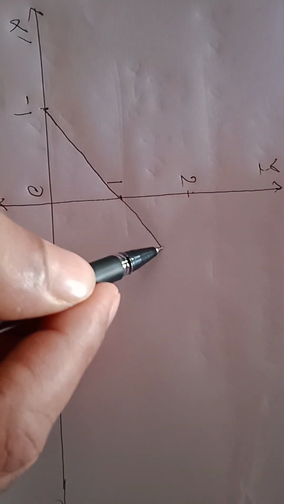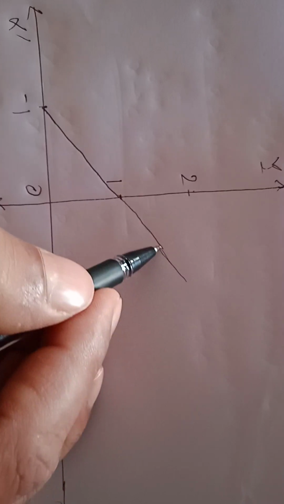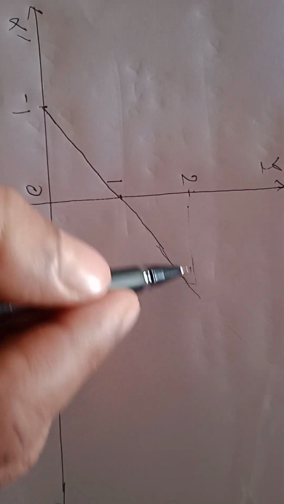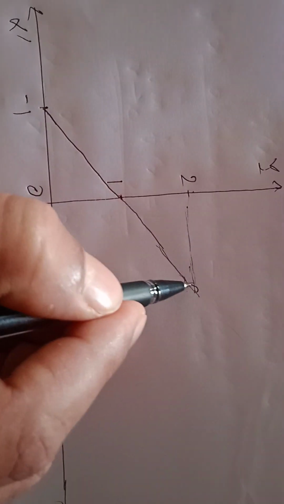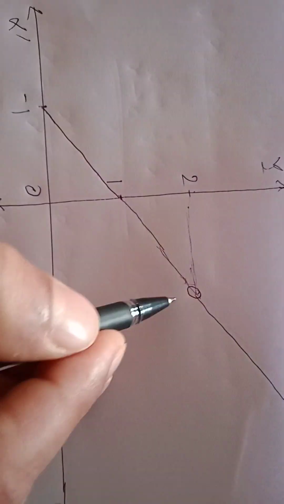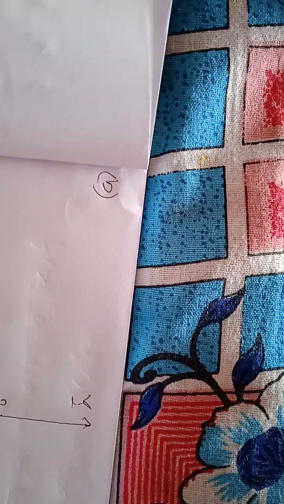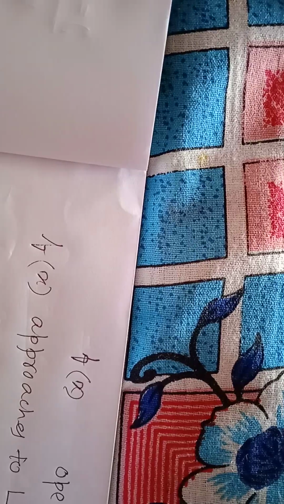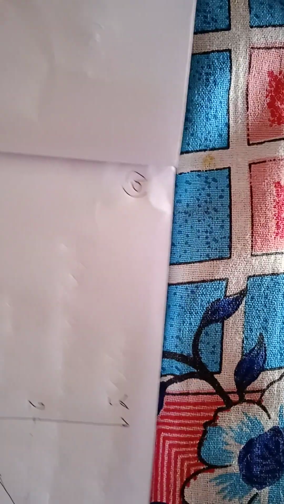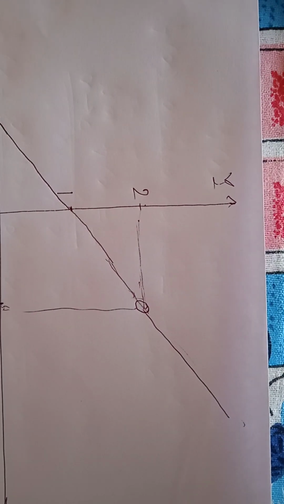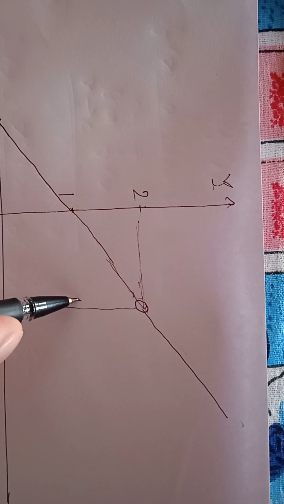So the graph of this function should be like this, and there should be a hole at x equals 1. But by the definition, when x equals 1, g(x) equals 1, which is the functional value.